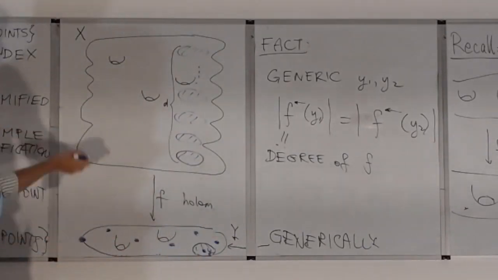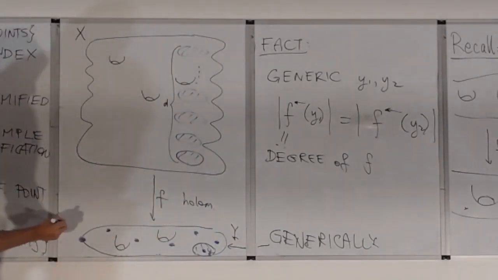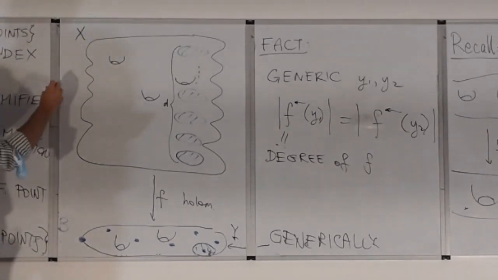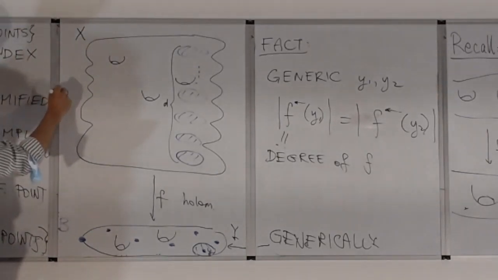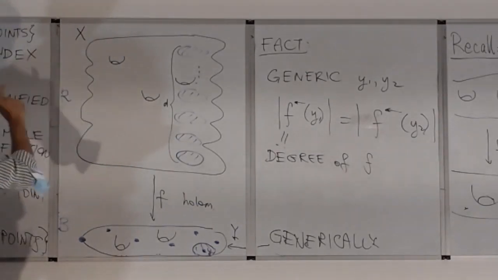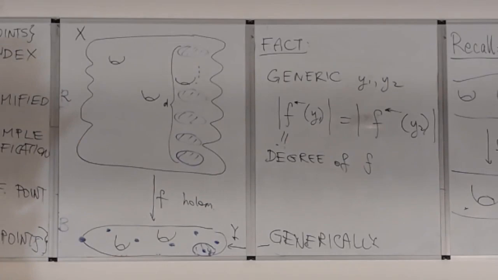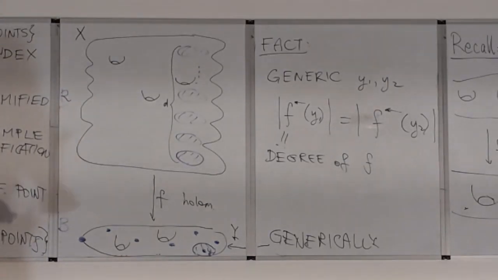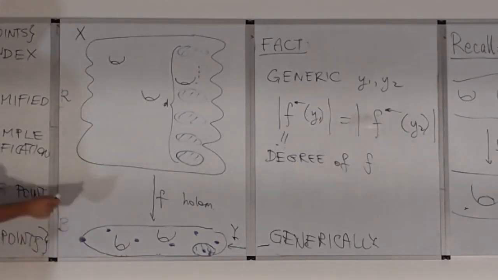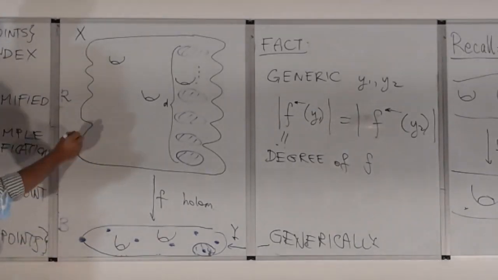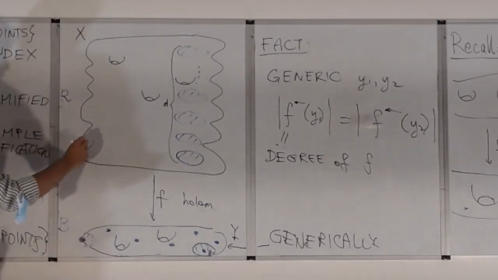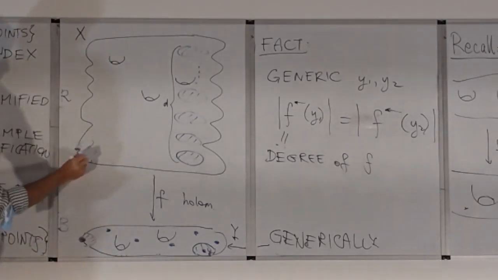And when I look upstairs at these special points, which are the points of B, and take the preimage, I will find R. Not exactly R. It's true that if you push down the ramification points, you will find branch points, but the vice versa is not true, because if you lift these points, something interesting can happen in a neighborhood here.